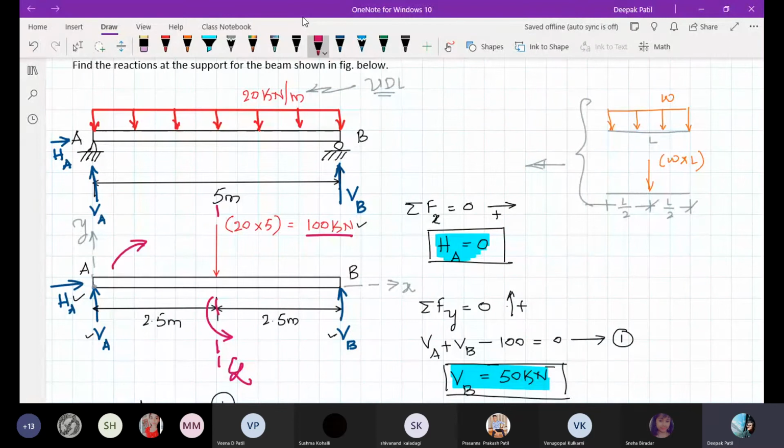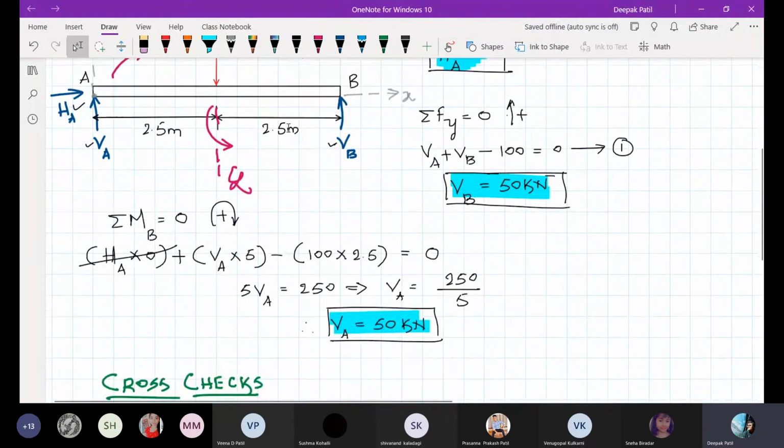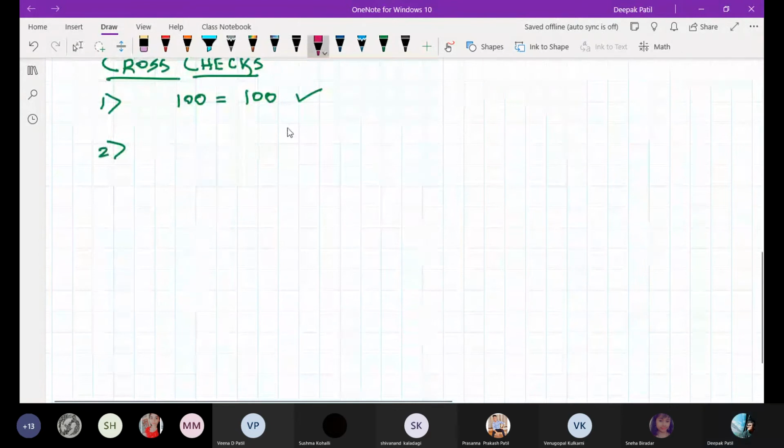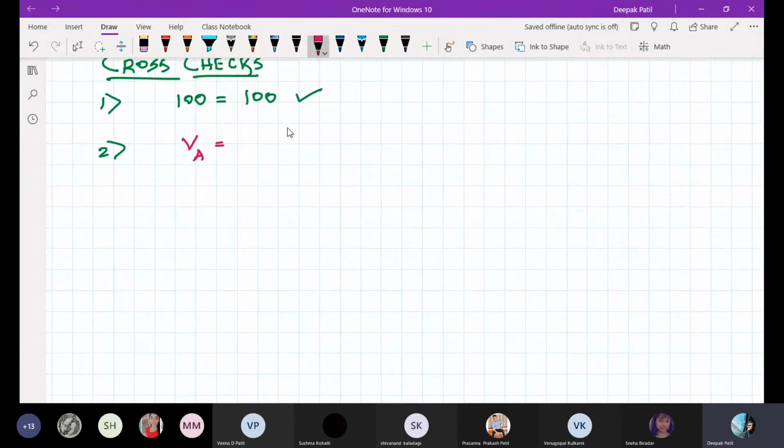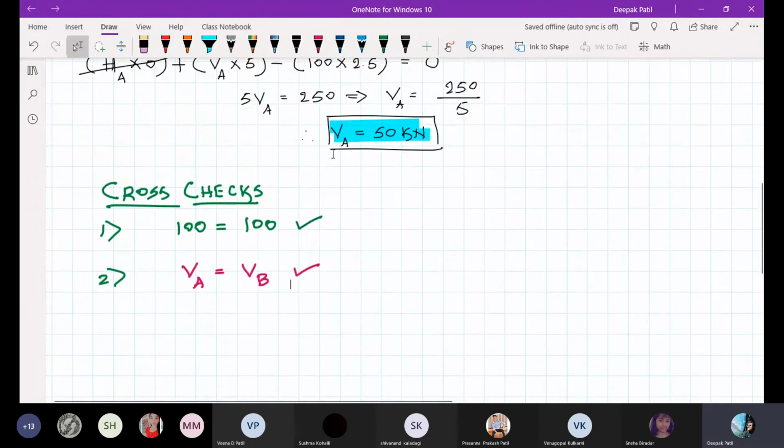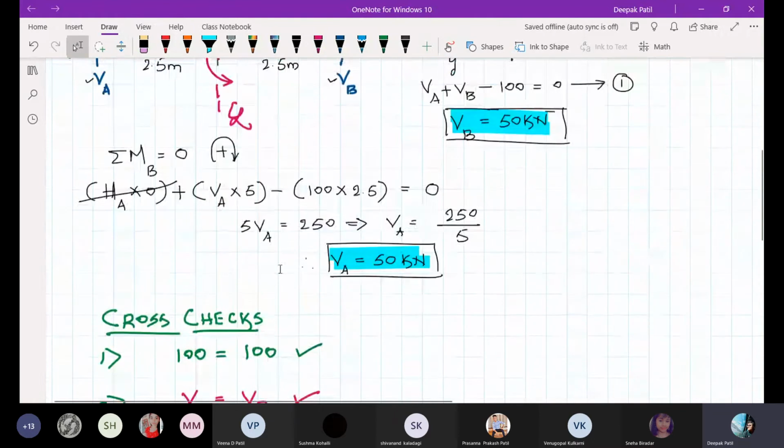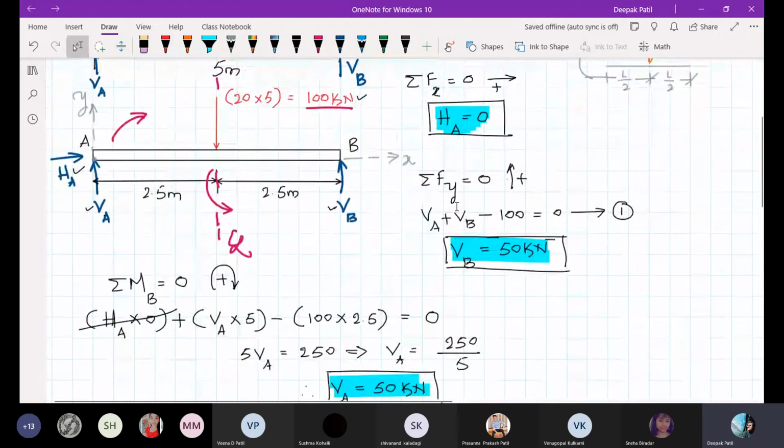So out of 100, half will go to VA and half will go to VB. Means VA will be equal to VB, because the load exactly falls on the center line of the beam. So VA should be equal to VB, and we are getting that only. So the second cross check is also correct. So both the cross checks are correct. It means your answers are 100% correct.